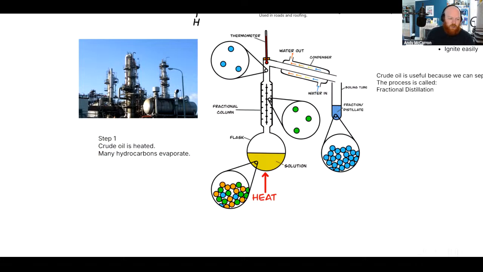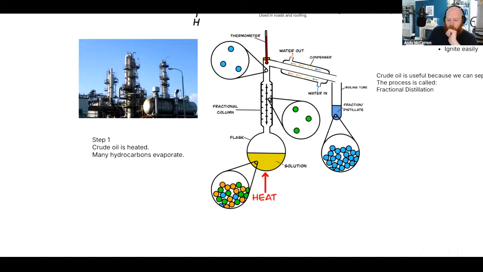In industry, they would generally use some sort of oil or something flammable to ignite it, but they have it set up in a completely different way.